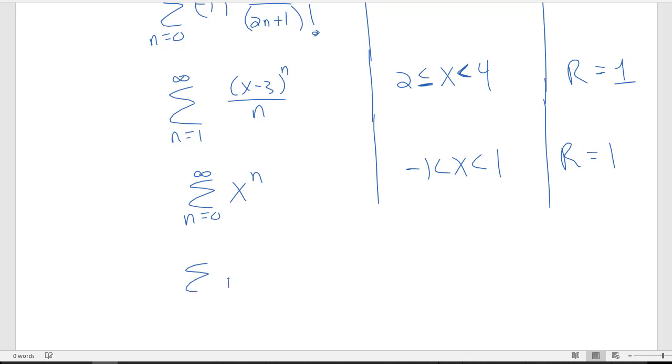And then this last example we looked at was n factorial, x to the n, and it only converged at x equals 0. So technically, I wouldn't call that an interval of convergence. It's just a singular value of x, a singular point, and so there is no distance. This is not an interval, so there's no distance between endpoints. So we're going to say that the radius is 0.